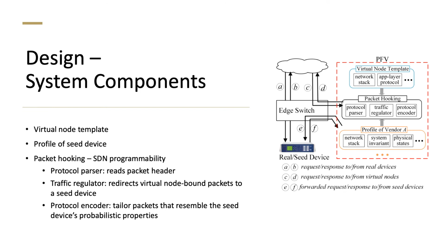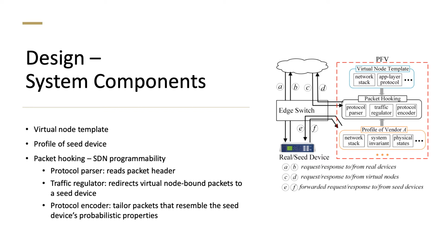And for this to work, we'll need a thing called packet hooking. It's based on software-defined networking programmability. So first, we'll need a protocol parser which reads the packet headers, and once we have that information, we'll need a traffic regulator to redirect the packets that are sent to those virtual nodes to the underlying real devices that are backing these virtual nodes.